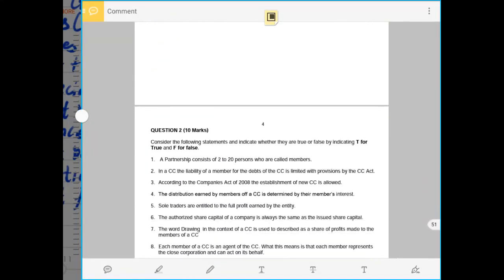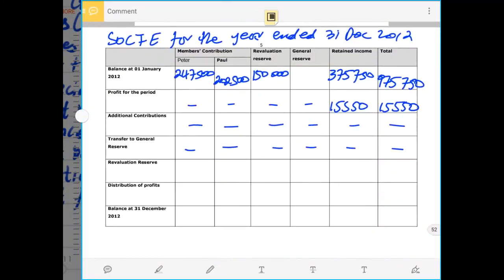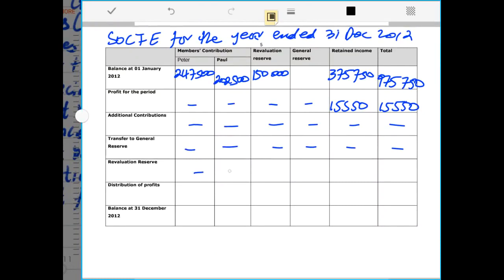Under the revaluation, we record that 150,000 rands. So obviously at the end the total will be 300,000 rands. Then that will not affect any column but the total column.